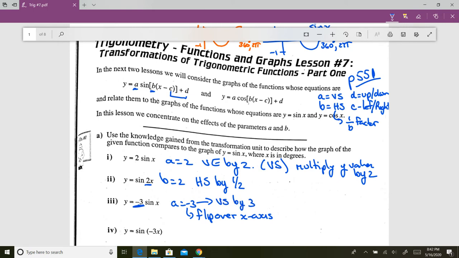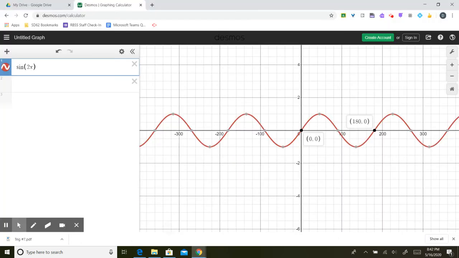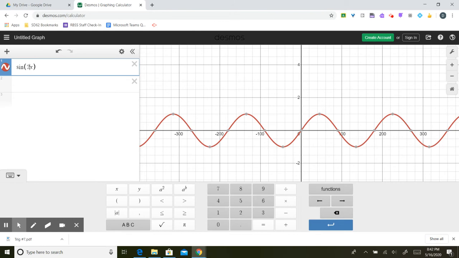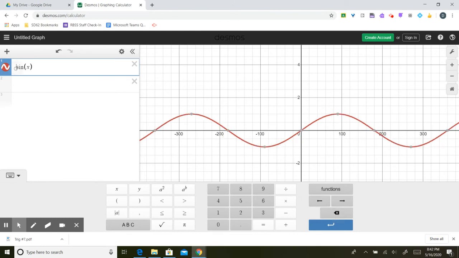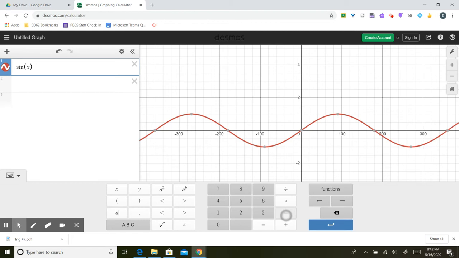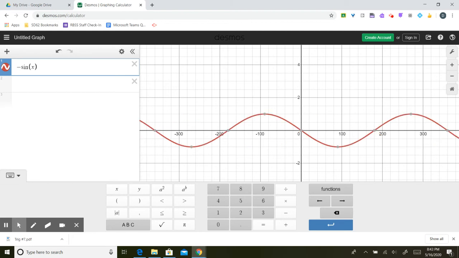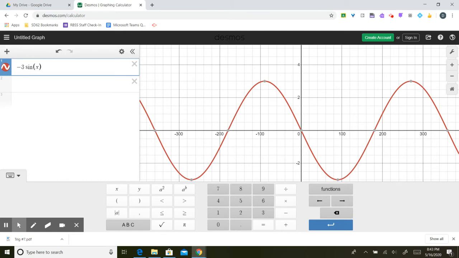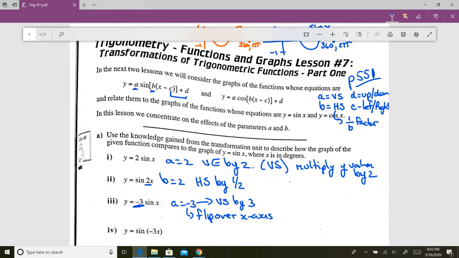So our maxes and our mins should move to 3, and we should get a flip over the x-axis. And just to show you that is the case, back here, I put a -3, so watch this point right there, 90 and 1. When I put a negative in, it flips down, and if I put a 3 in, you're going to see everything expand to 3. So it's been flipped over the x-axis. Sorry, did I say y-axis? Oh, x-axis.